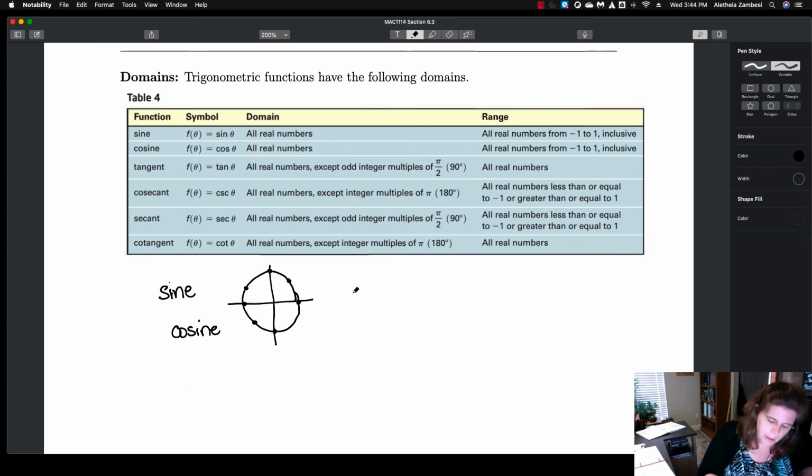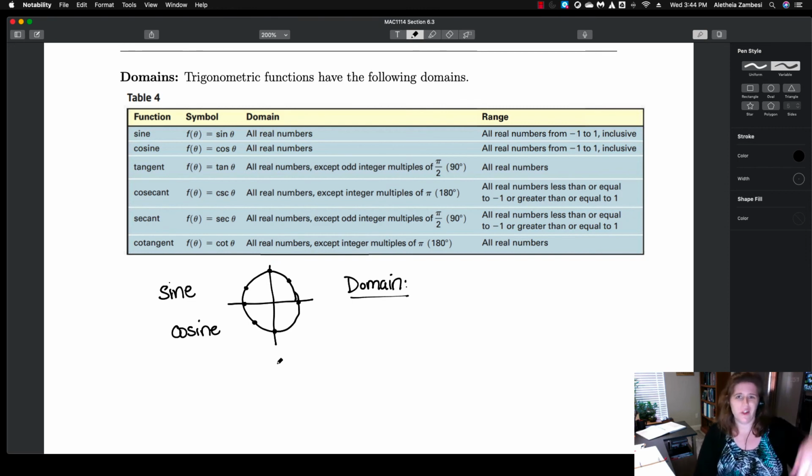So if we're referring to the domain, remember in review, domain are the legal values that we can put into a function. If we're talking about the domain of both sine and cosine, we can put any values in there. So those are from negative infinity to infinity, or all real numbers.